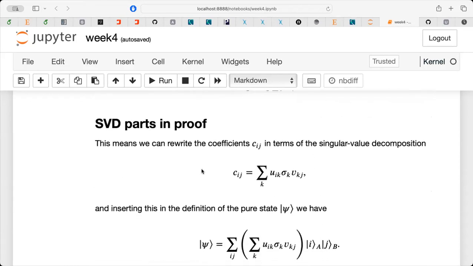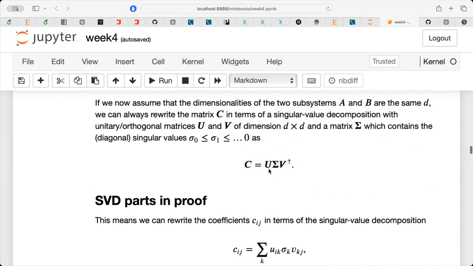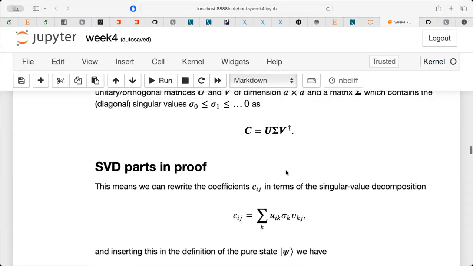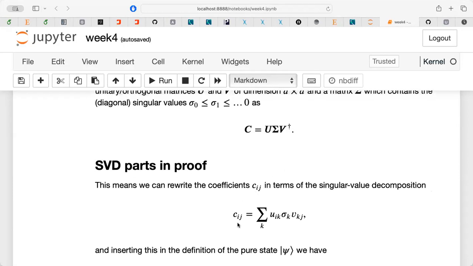We can rewrite those coefficients in terms of the singular value decomposition. The columns of the matrix U give an orthogonal set of vectors, and the columns of the matrix V also form an orthogonal basis. So we can rewrite this coefficient C_ij in terms of this sum, where we have the matrix elements of U, the singular values, and then the matrix elements of the other orthogonal matrix.